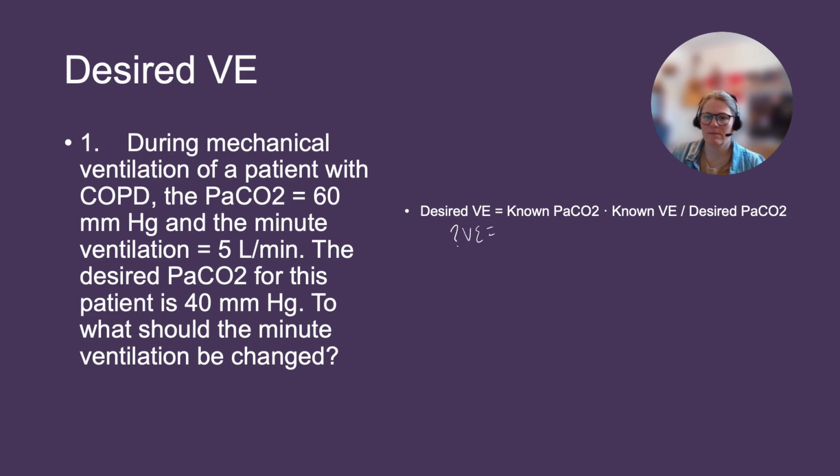Our known CO2 is 60. So we know that our COPD patient has some high CO2. Our known minute ventilation is 5. And our desired CO2 is 40.